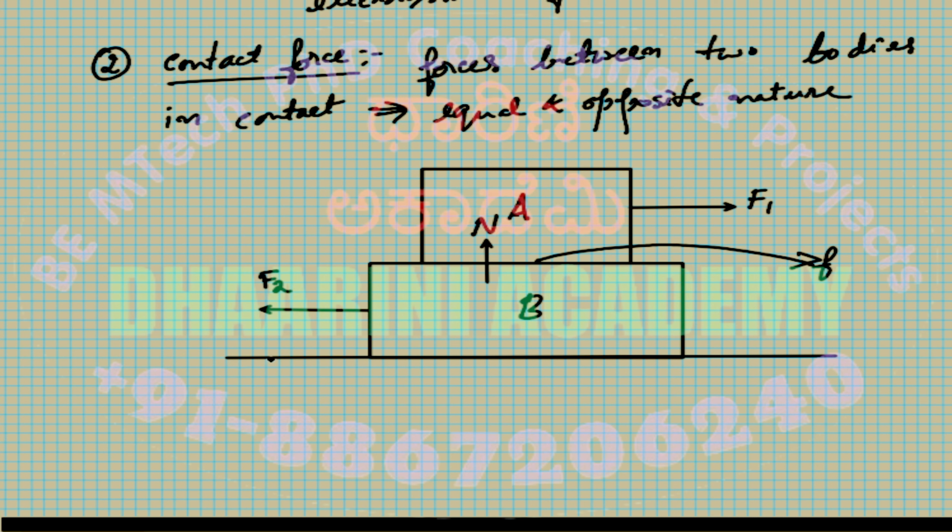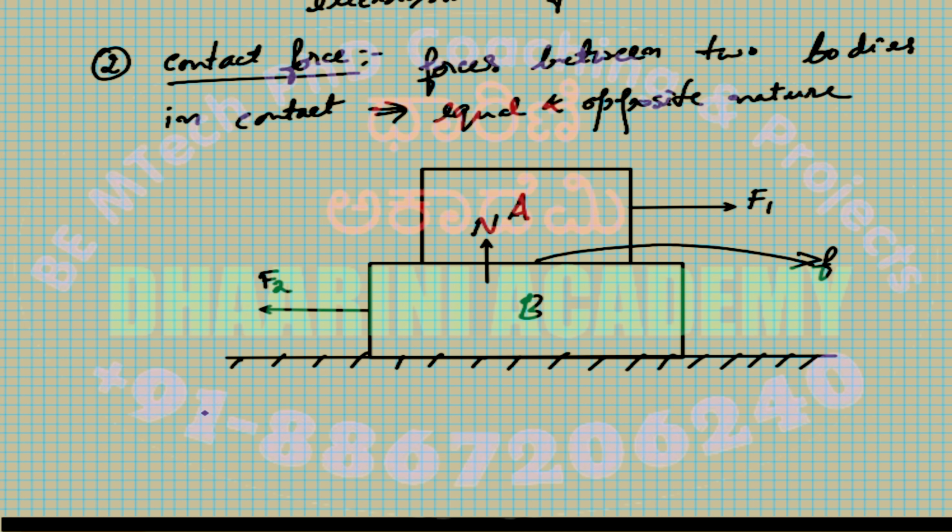If I assume that this surface is very smooth, then there is no friction coming into the picture at the contact of body B and the ground or the surface. But you always have the normal reaction coming into the picture.